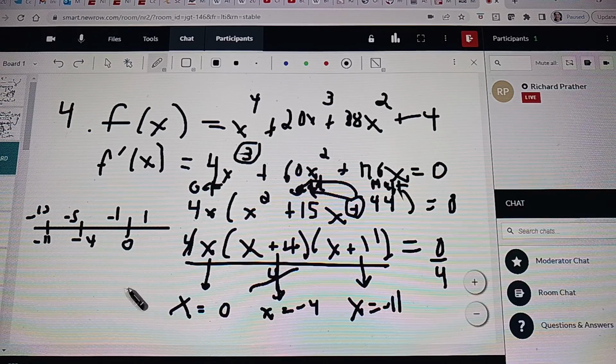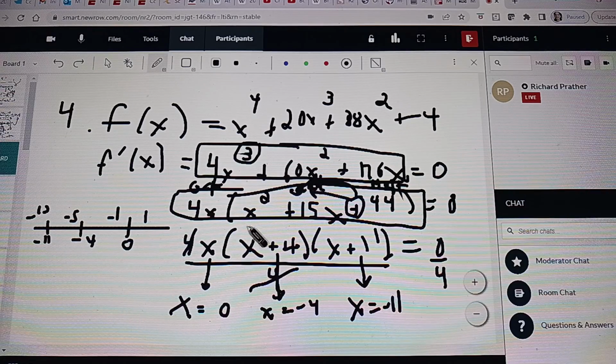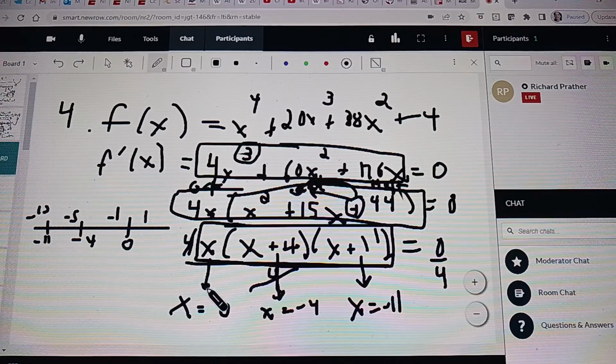Okay, so we're going to plug them into, you can basically plug them into any version of the derivative. You could do this bigger one if you want, or this factored version, or even this with or without the 4. So why not go to the simplest version possible? And again, all we really care about is, are they positive or negative?